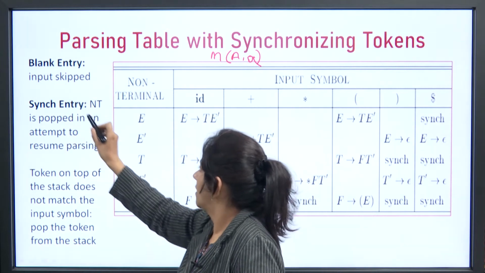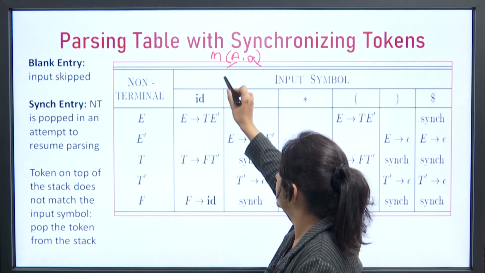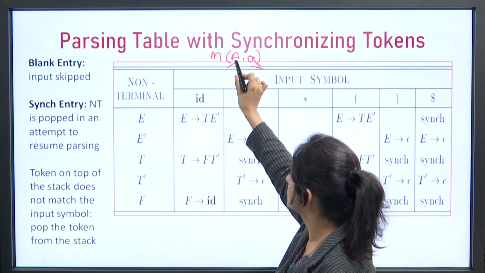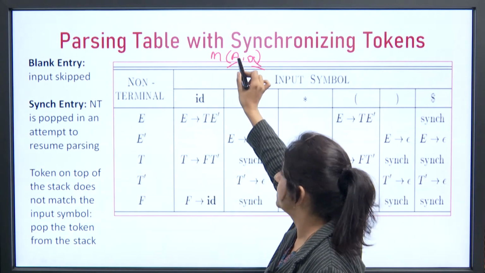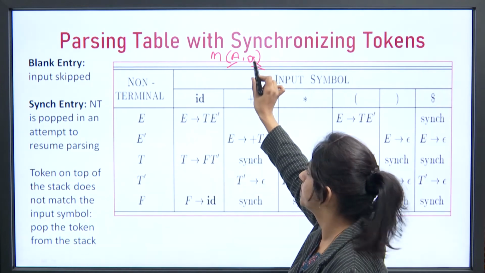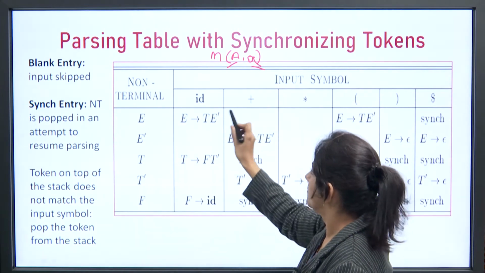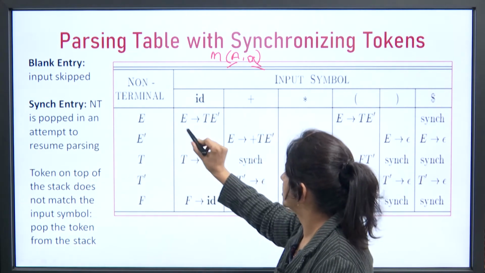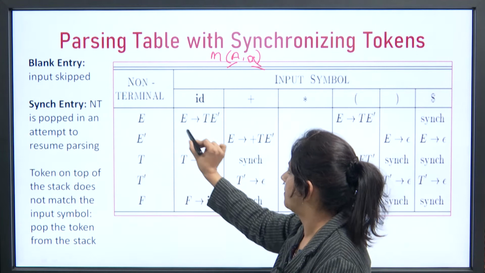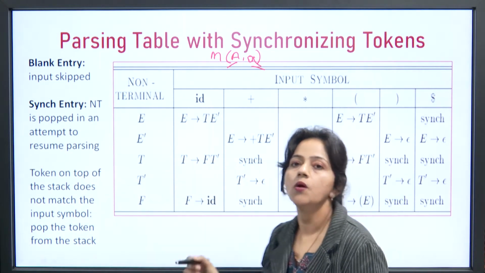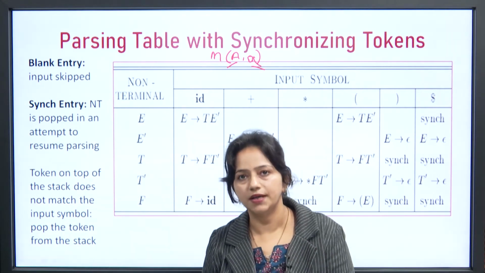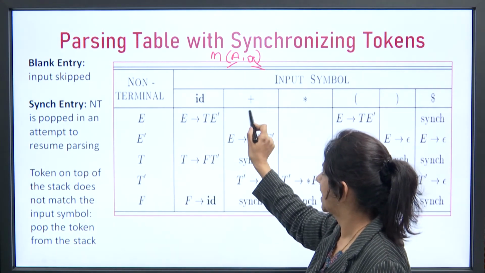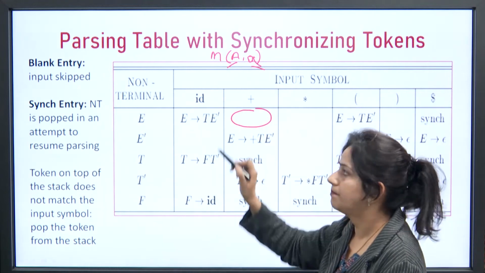Now, if we are at a particular non-terminal, capital A, and reading input symbol a, and we fetch a particular entry, one possibility is that we hit a production, and we know that the expansion may be done. The second possibility is that we hit a cell that is blank.